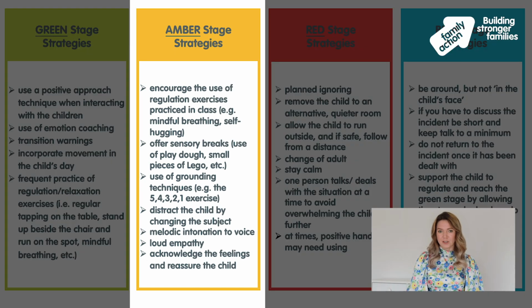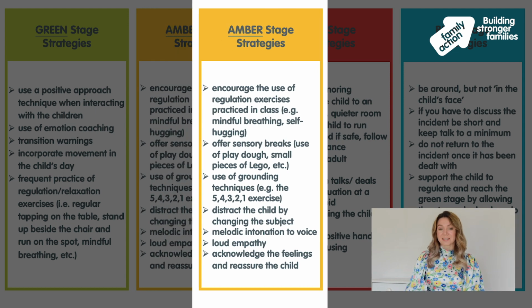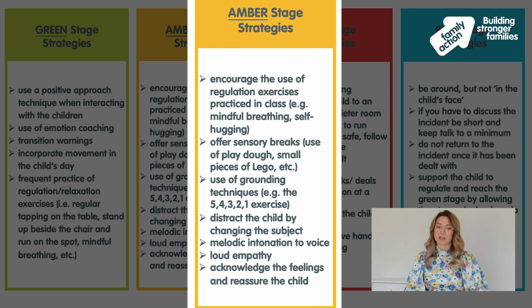Strategies in the amber stage is what we call de-escalation strategies. Effective use of these strategies will support the child to return to the green stage without further escalation of the behavior. Some examples are: encourage the child to use a regulation exercise practiced in class, offer a sensory break. For example, giving the child something tactile to manipulate, such as a little piece of Play-Doh or small piece of Lego, can be regulating.